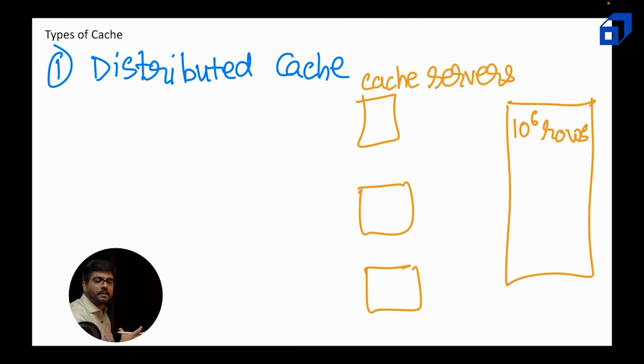So the entire data, the global data, is going to be part of different nodes, and none of them is going to be intersecting with each other. If there is some row present over here, if let's say there is data 1 present over here, data 1 cannot be present in another cache server. So overall it's going to be very exclusive, and I'll explain how the distribution will happen as well.